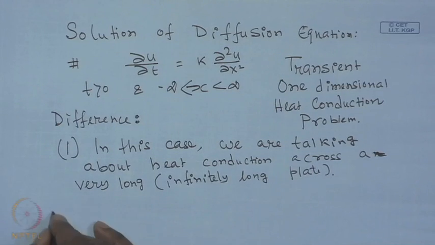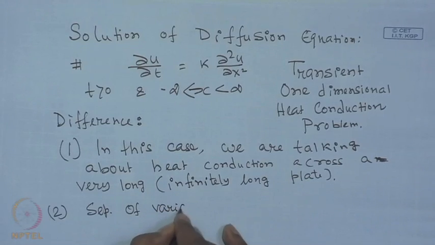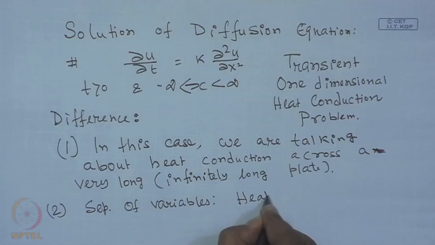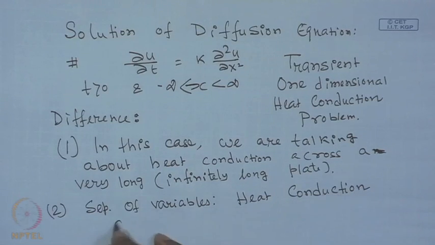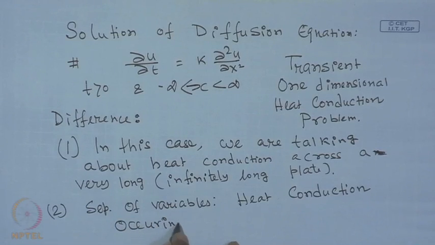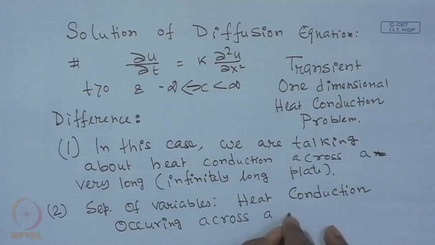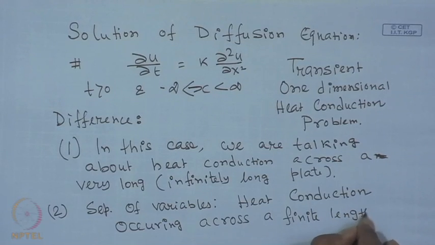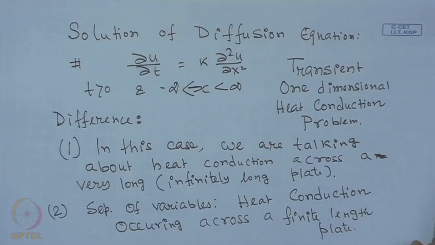On the other hand, for the separation of variable type of solution, we had heat conduction occurring across a finite length plate. So, this is the difference between the two problems.